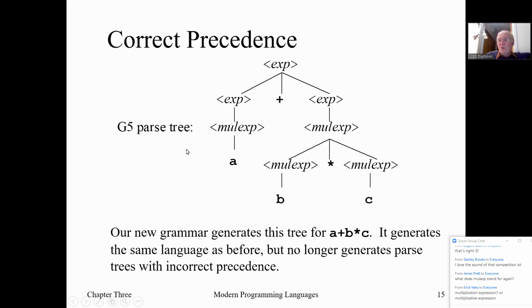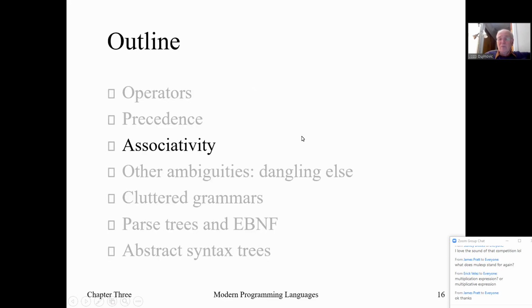This depends, of course, on the processor architecture that you have. But the precedence will be correct. We first multiply and then we add. So it is the same language as before, but it has a parse tree that has correct precedence.